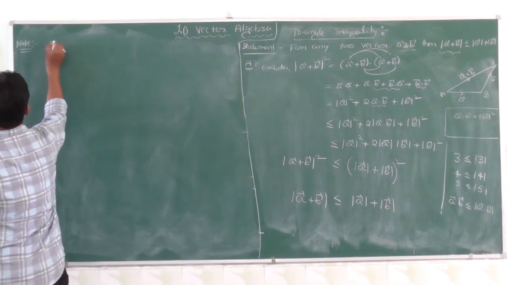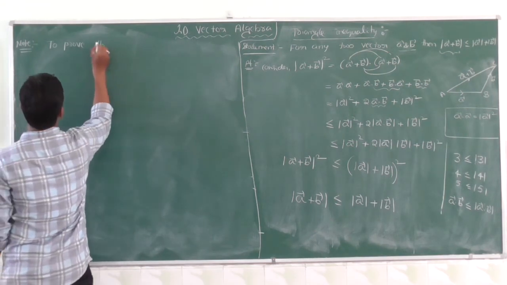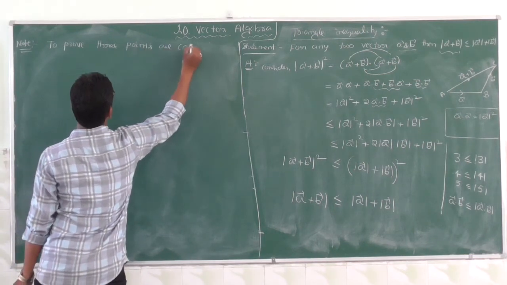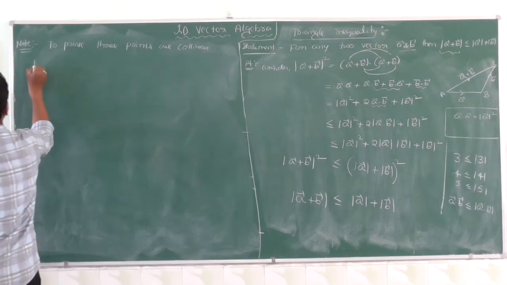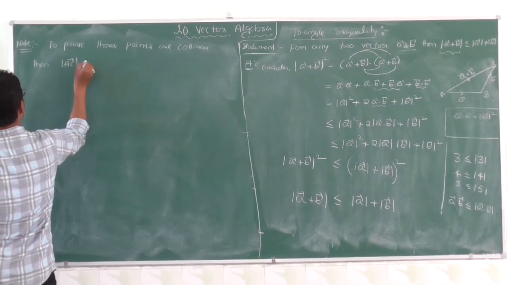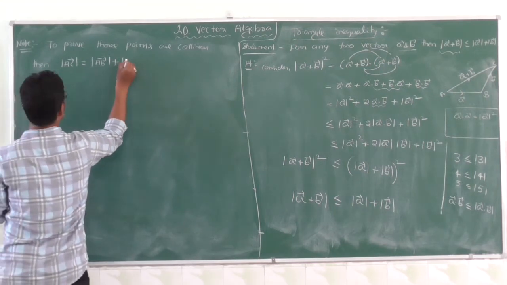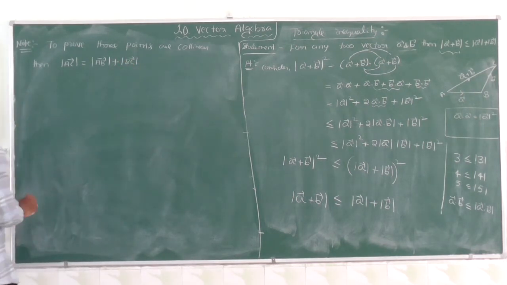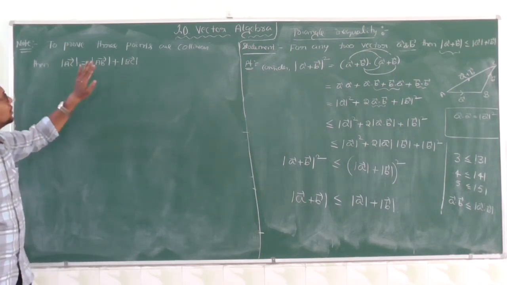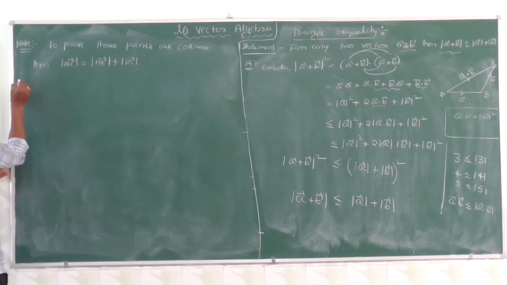To prove 3 points are collinear, magnitude of AC vector equals magnitude of AB vector plus magnitude of BC vector. Here it is a condition to verify whether the given points are collinear or not. Belonging to this, let us solve the problems.